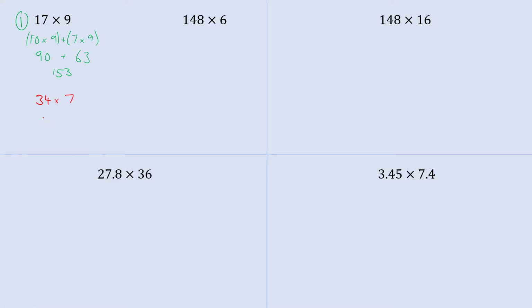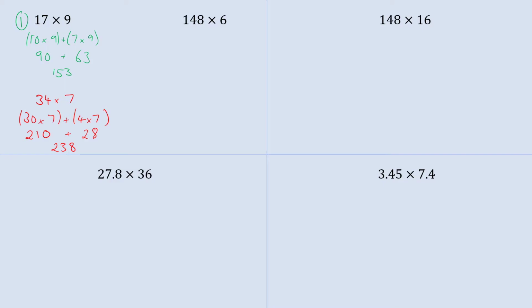Now, splitting it up, we'd have 30 times by 7 plus 4 times 7. Okay, the 30 from the 30, 4 from the 4, both timesing by 7. 30 times 7, well, 3 times 7 is 21, so 210. 4 7s are 28. 238.